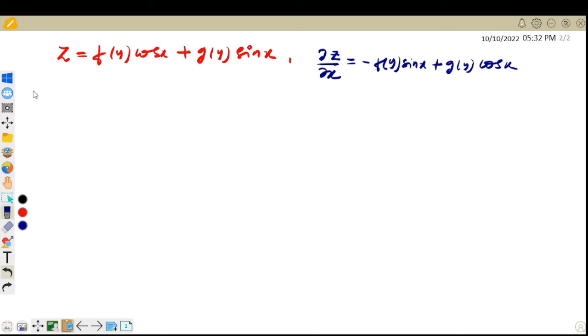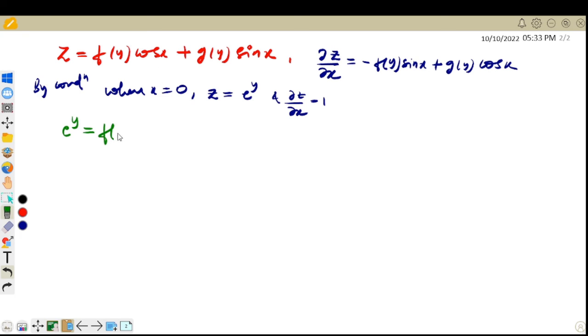Now let us use the conditions. By the conditions, when x equals 0, z becomes e^y and ∂z/∂x becomes 1. Look carefully. z becomes e^y. With x equal to 0, you have f(y) cos 0, which is 1, plus g(y) sin 0, which is 0.